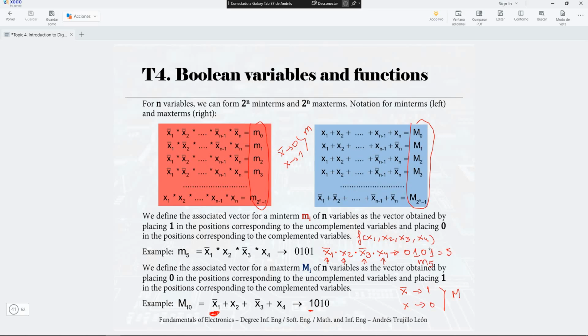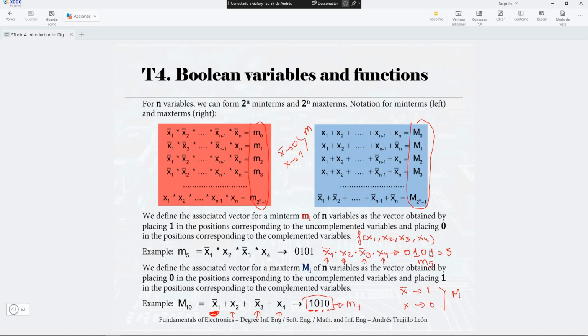Okay? So in this example, x1 is negated, we use a 1. x2 is not negated, we use a 0. x3 is negated, we use a 1. And x4 is not negated, we use a 0. So we have built this number. This number in binary is 10. So this max term is the max term 10.